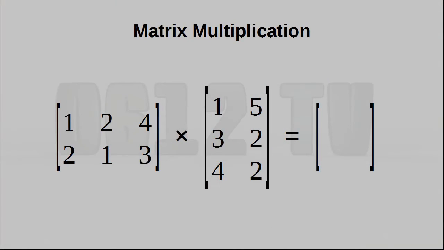Now, when it comes to matrix multiplication, you cannot simply take all the elements and multiply them pairwise. Instead, what you need to do is a pretty complex kind of step. Here's how this works. Let's say I want to perform a multiplication of these 2 matrices. To identify the first entry in the result matrix, we're going to have to refer to the entire first row of the first matrix and the first column of the second matrix.